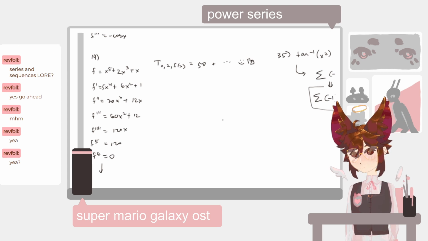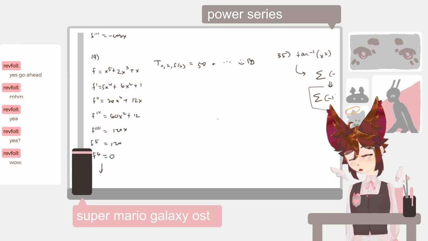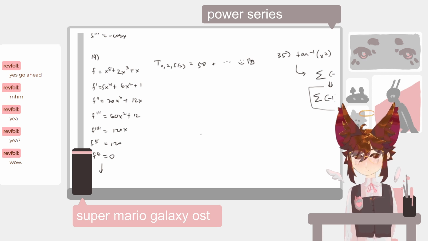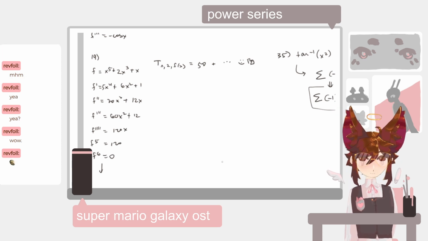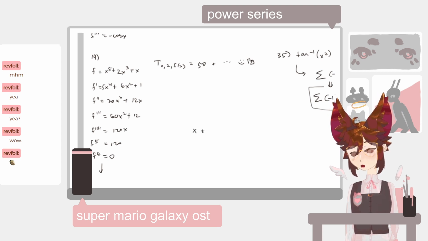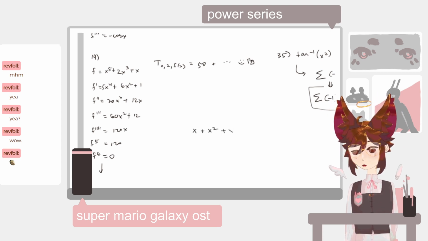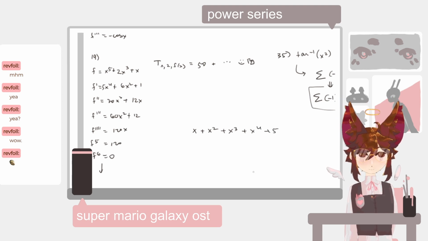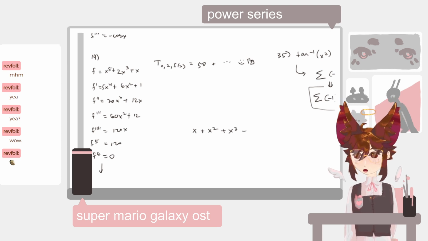That's too much work. Why do I need to do that? And so he said, what if instead of saying e to the x or whatever circle function, what if we put them all as something like x plus x squared plus x cubed plus x to the 4th plus x to the 5th forever into infinity?